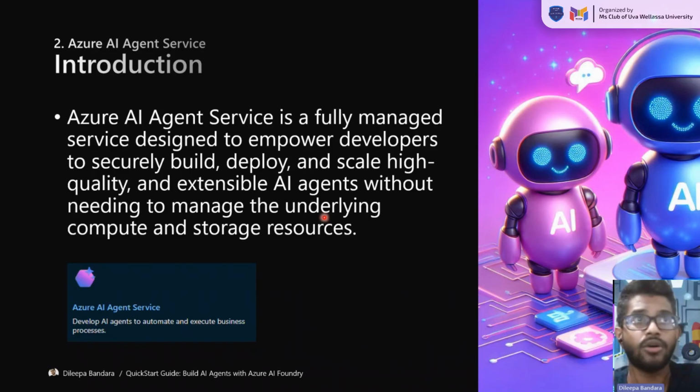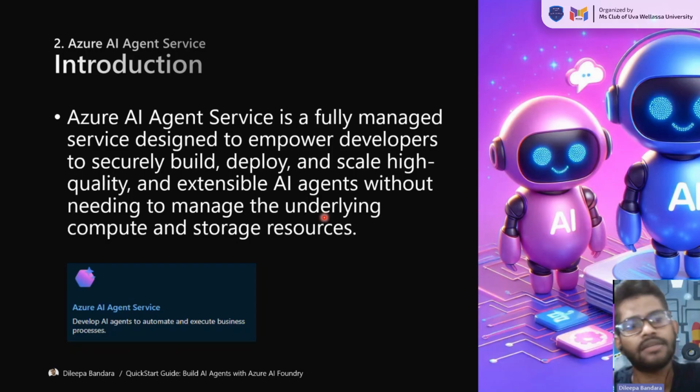Azure AI Agent Service is designed to work with these agentic things inside Azure. So the beauty is here. Azure AI Agent Service is a fully managed service designed to empower developers to securely build, deploy, and scale high-quality and extendable AI agents without needing to manage the underlying compute resources, right?